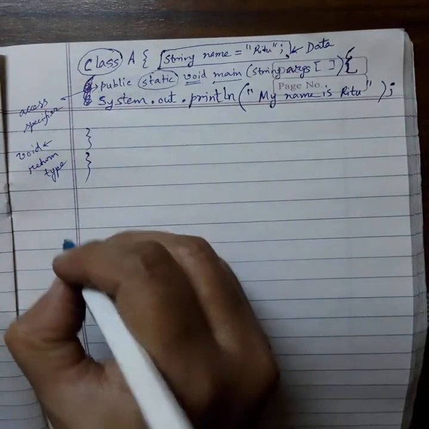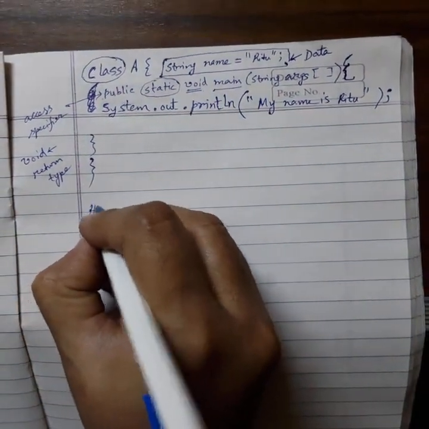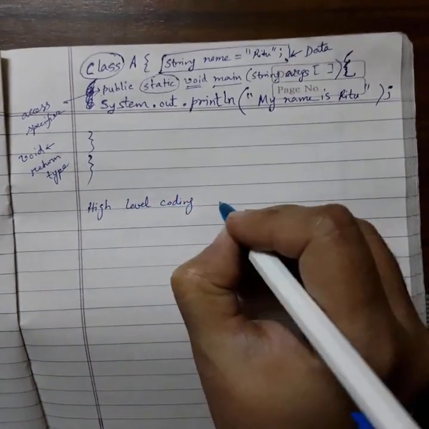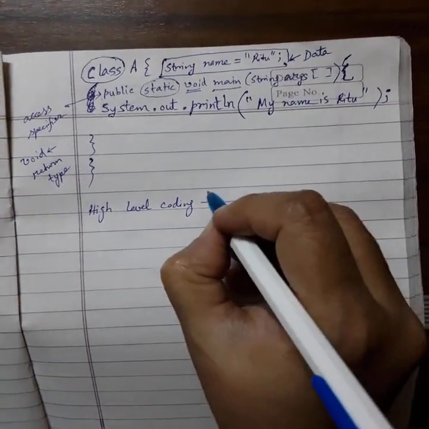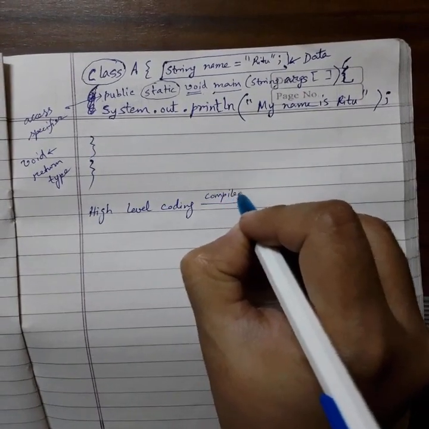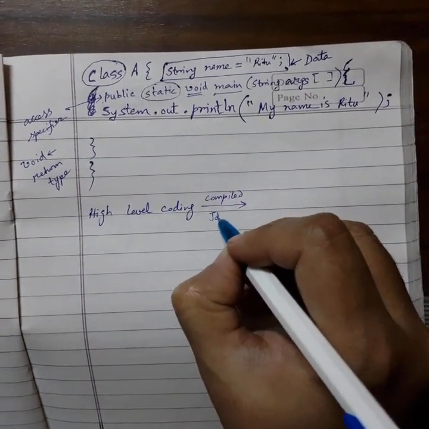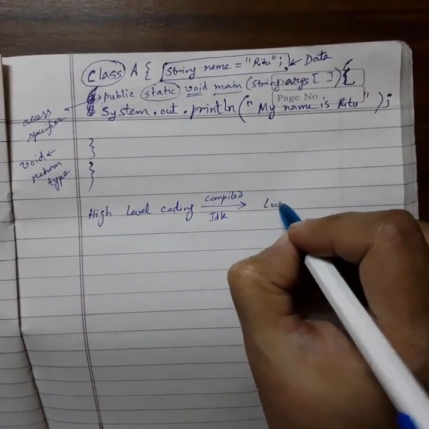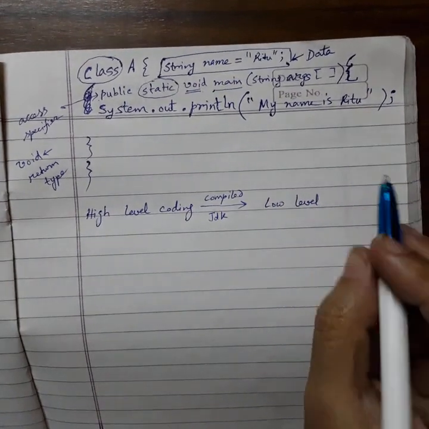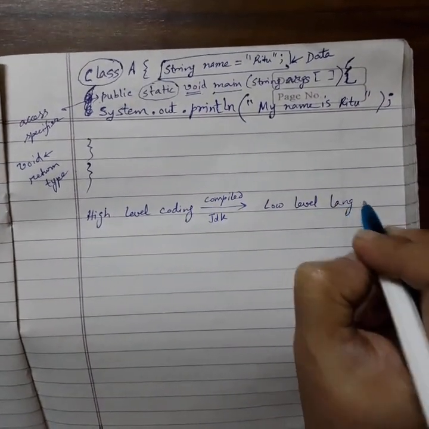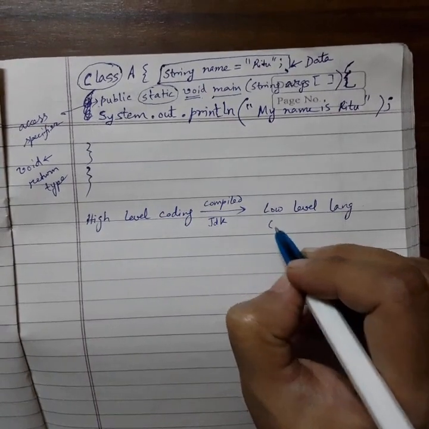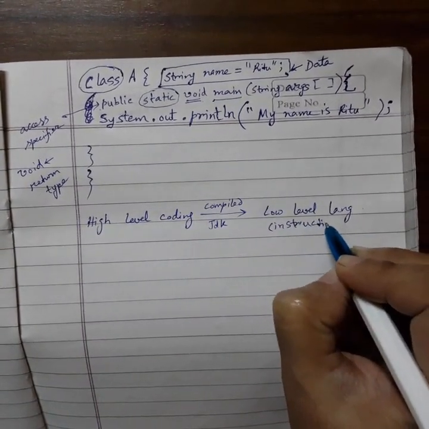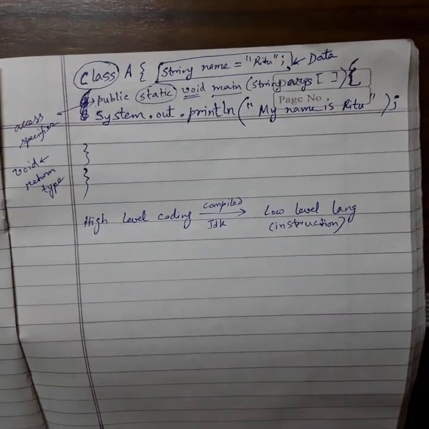So high level coding gets compiled by the JDK compiler and gets converted to low level language. They are basically instructions that the machine, the computer, understands.